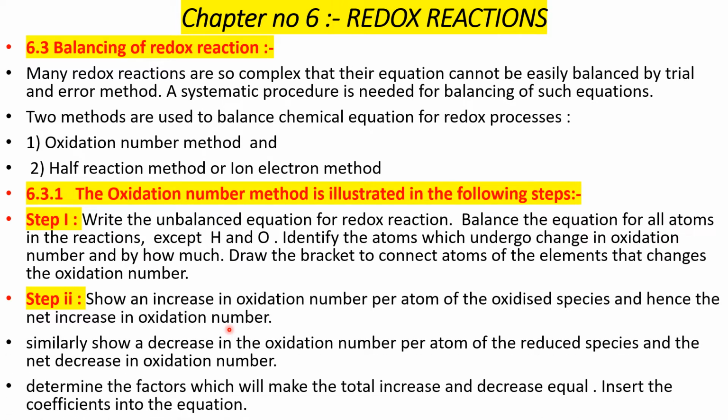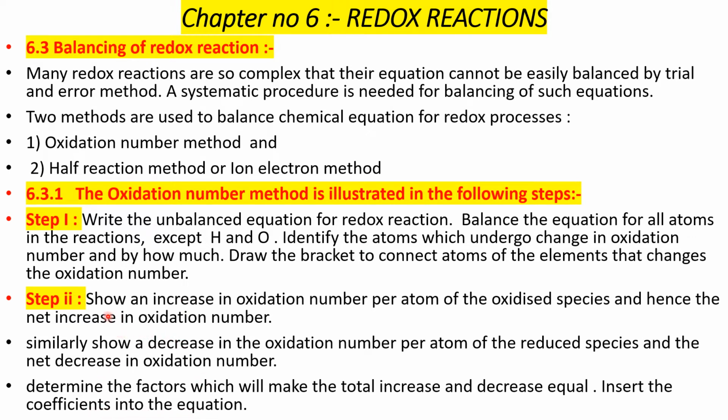After this, similarly, you have to show the decrease in oxidation number per atom of the reduced species, and then the net decrease in oxidation number. After this, you have to determine the factors which will make the total increase and decrease equal. Then insert the coefficient into the equation.